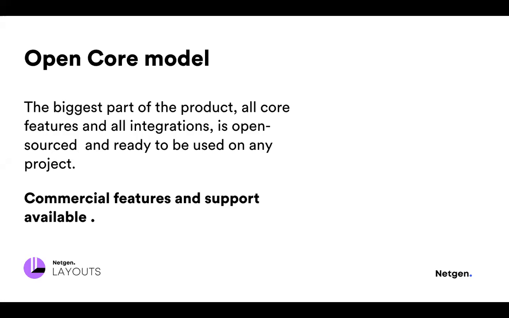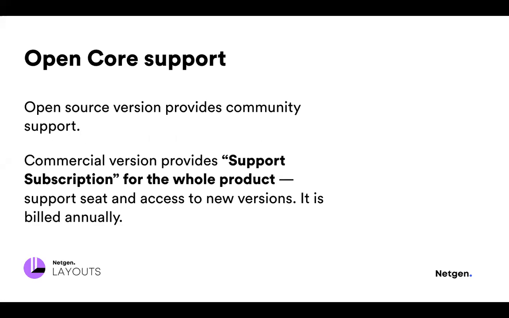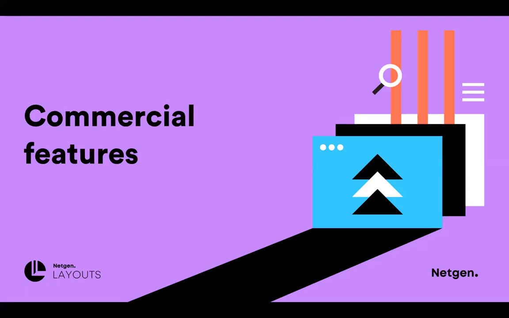The support for the open source version is the community: GitHub, Slack, and other channels. The commercial version provides the support subscription for the whole product. While you are paying the support subscription, you have access to new versions, and you can connect with our support.